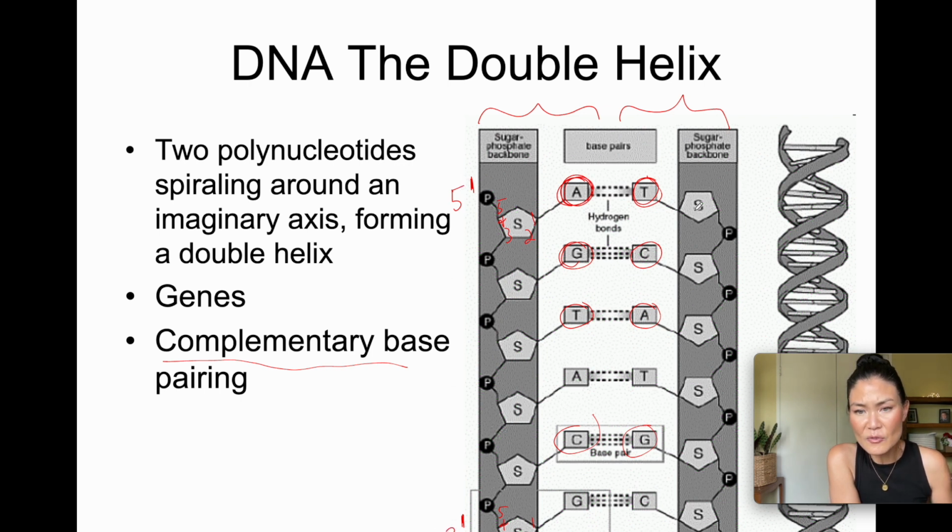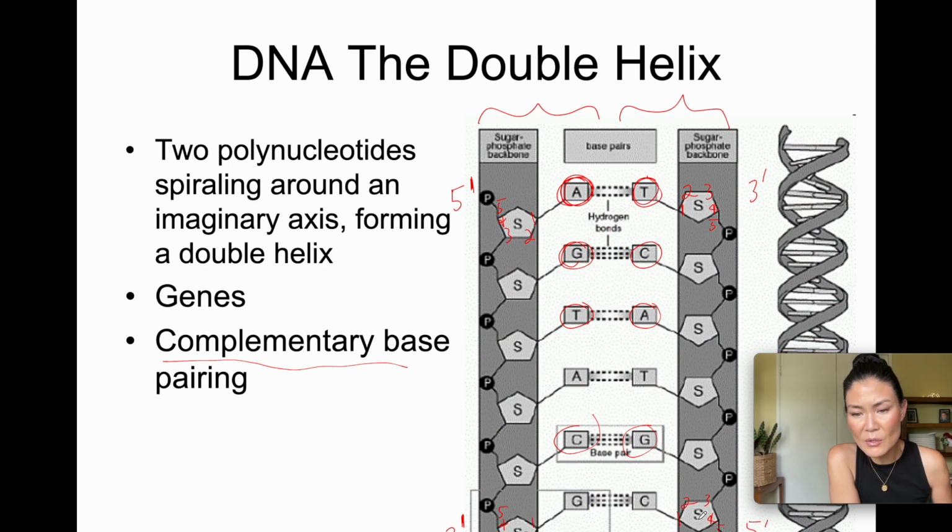Whereas look at this strand of DNA. This is going the other direction. This is carbon number 1, 2, 3, 4, 5. The closest carbon to this end is 3. See that? This is the 3' end. Look at the other sugar on the opposite side: carbon 1, 2, 3, 4, 5.